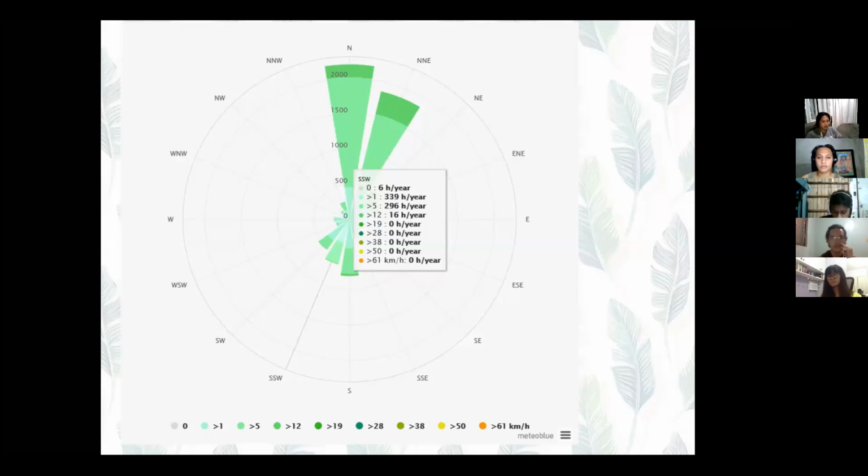Tapos kung titignan nyo ngayon, may north, northeast, south, southwest. So, meaning may konting deviation lang from the monsoon. Right? So, similar lang. But most of its air is coming from the northeast portion. Okay? And wala masyadong air galing from east and west. So, mahirap doon. Mas mabuti, just cover it. Wala din namang hangin eh. So, do not allow more penetration.